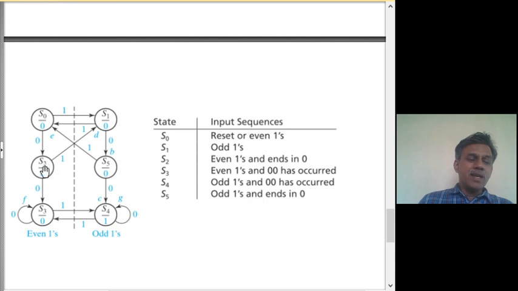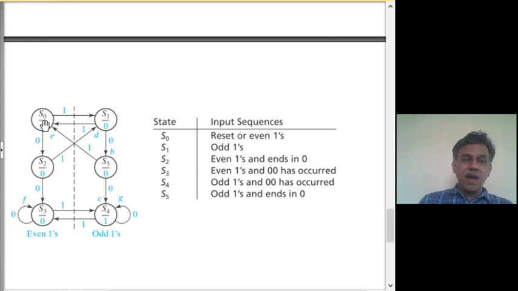Okay. Now in S2, suppose a 0 occurs. You are looking for 2 consecutive zeros, and 1 zero has occurred. Instead of the second 0 occurring, if a 1 occurs, what do we do? Then the condition is not met. We have to again look for 2 consecutive zeros because this 1 has spoiled that. Shall we go to S0?